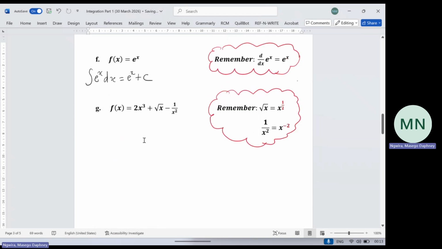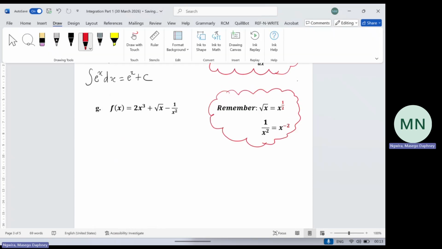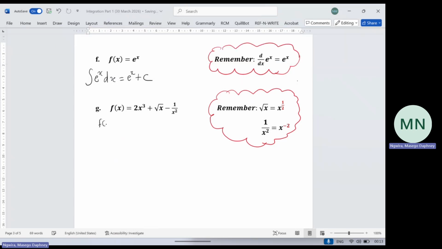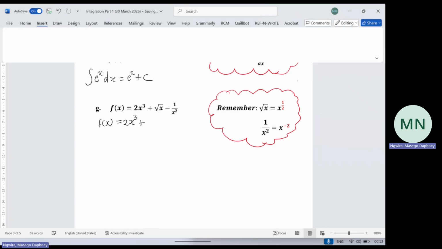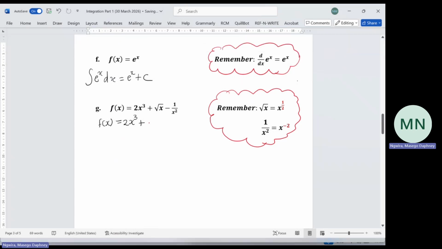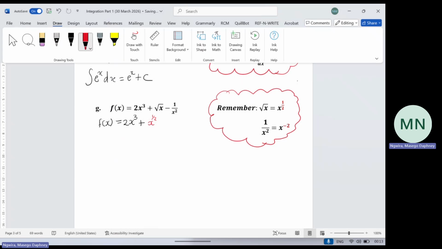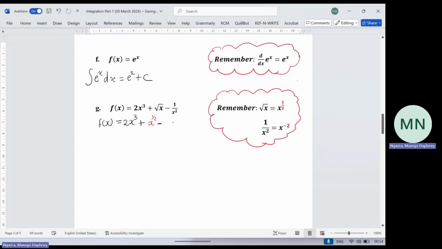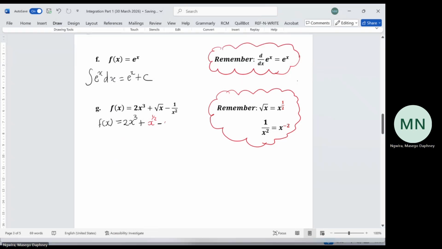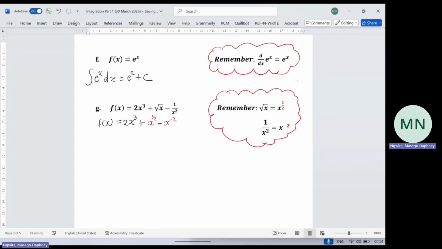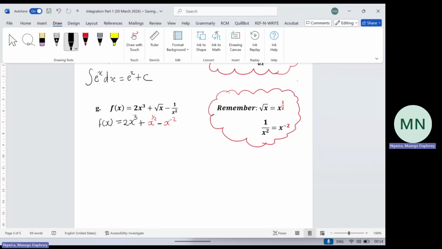So now let's look at this one. So the first thing we're going to do is first change our function to have exponents. So our function is going to be f of x is equal to 2x to the power of 3, then plus, then we change this to be x to the power of 1 over 2, and then minus, and in this one of the fraction, we are going to change it, and it's going to be x to the power of negative 2, and then now when it's like this, now we can integrate.